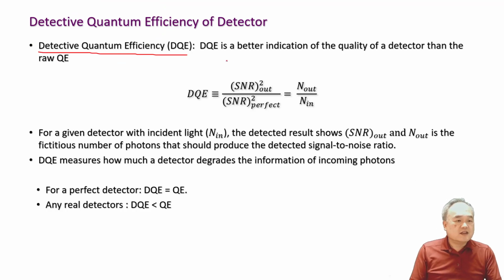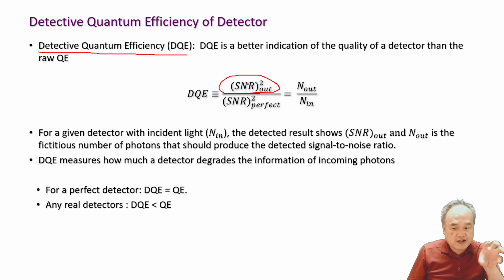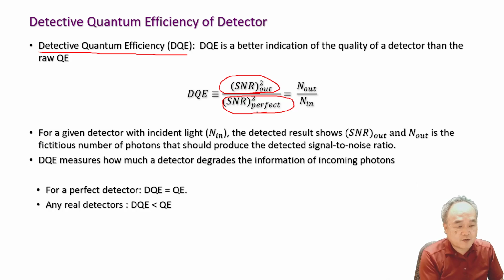The DQE is defined as the signal to noise ratio squared of the detection at the detector output versus the signal to noise ratio squared of the incident photons.